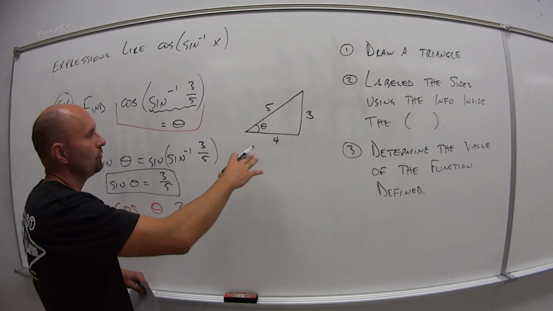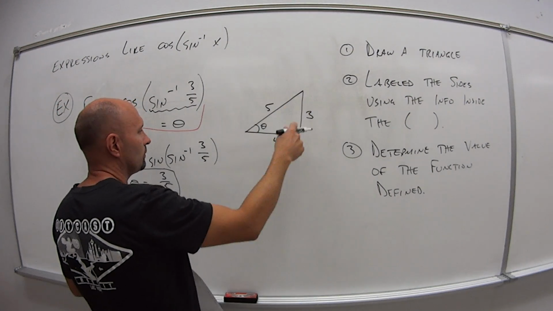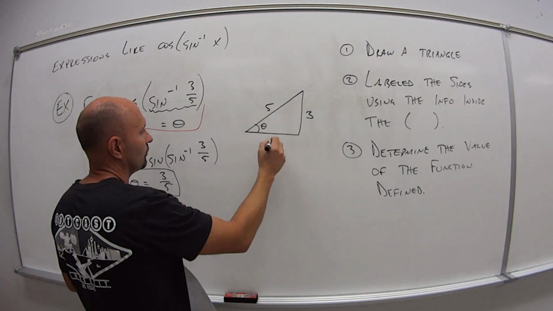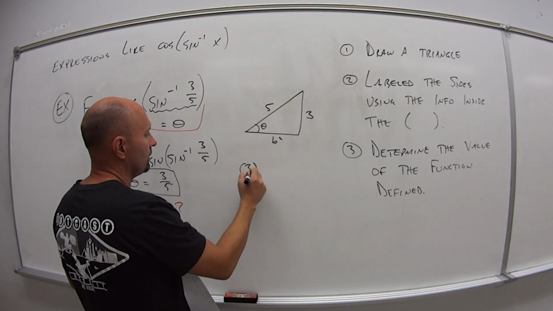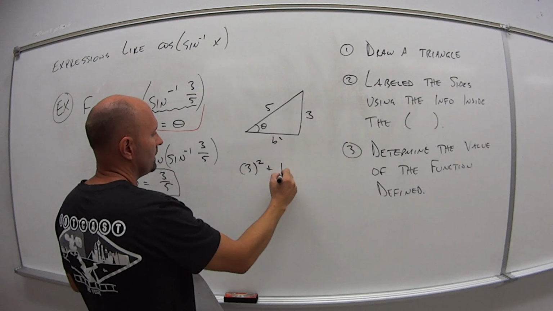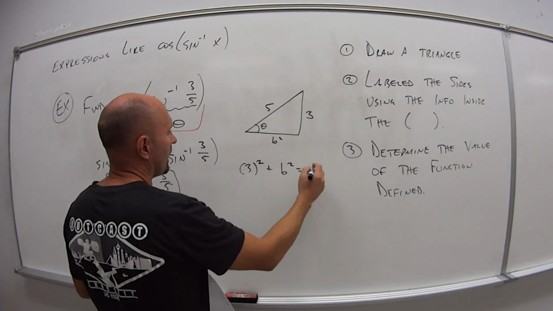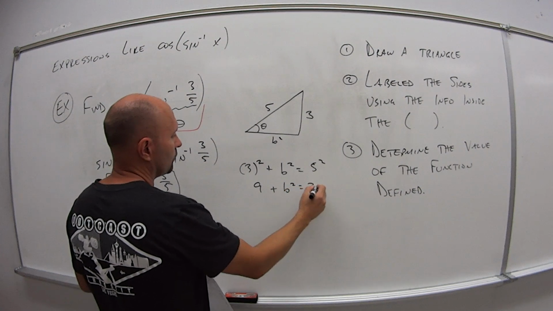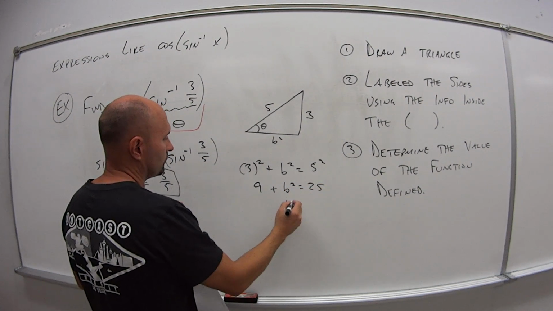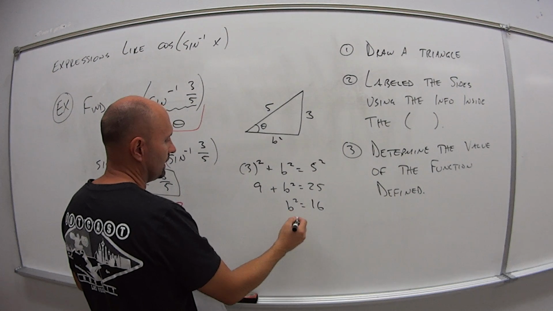This is also what's known as a Pythagorean triangle or a Pythagorean triple. So if we were to do the Pythagorean theorem, a squared plus b squared, so let's assume we don't know this, we'll call it b squared. So a squared, so 3 squared, plus b squared equals the hypotenuse squared. So 9 plus b squared is 25. If I subtract, I get b squared is 16.